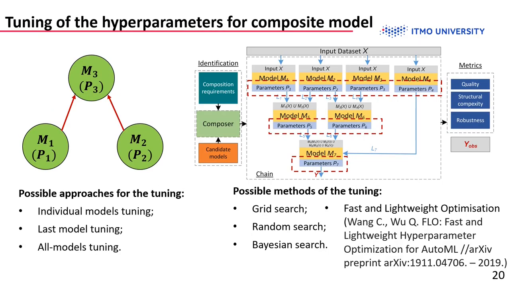The important aspect of the composite model identification is the tuning of hyperparameters of these models. There are several approaches that can be used to achieve the result. The models can be tuned individually, just the final model in the graph can be tuned, or all models can be tuned together.